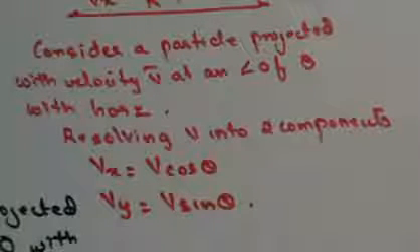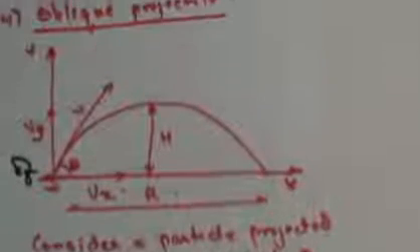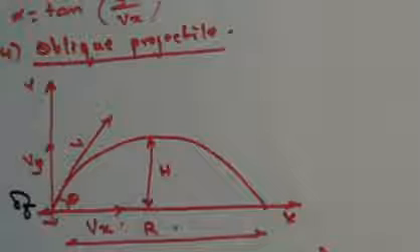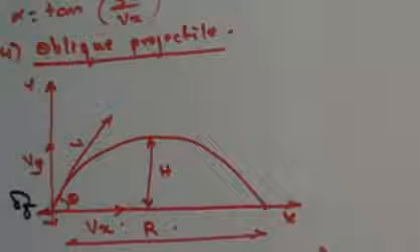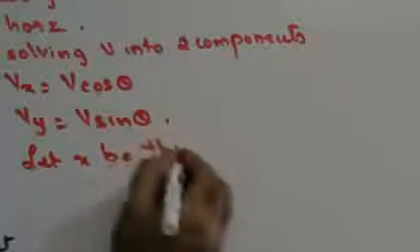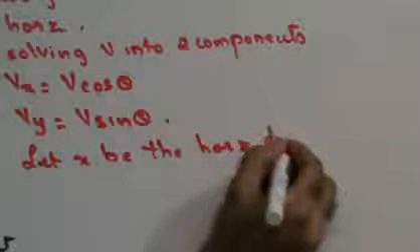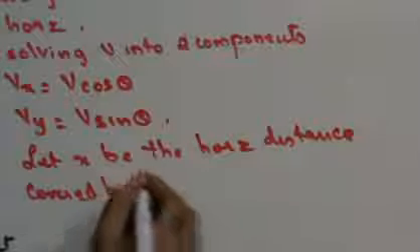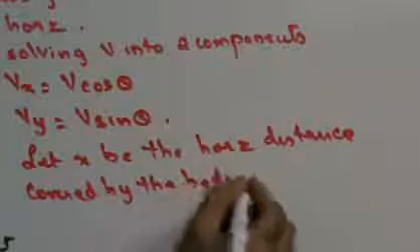It can be seen that when the body is projected, there are two motions on it, one horizontal and one vertical. Now the horizontal component is due to V cos theta, right? Let us assume that x is the horizontal distance covered by the body in time t.